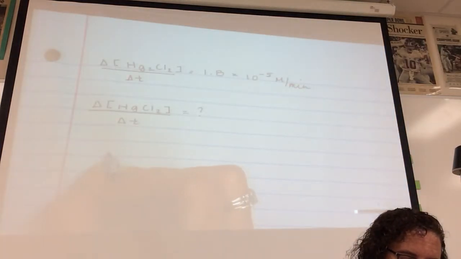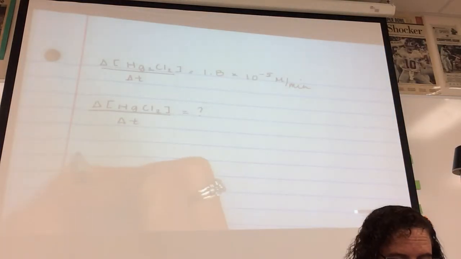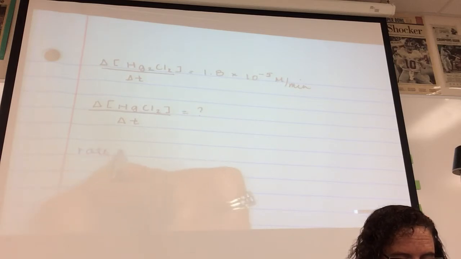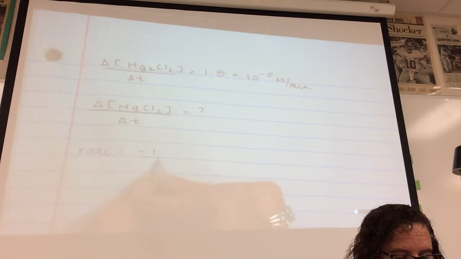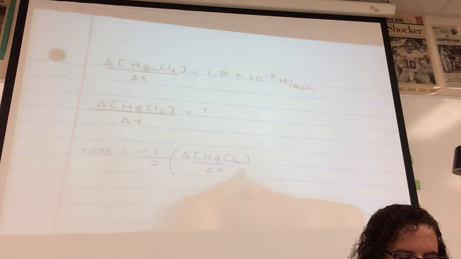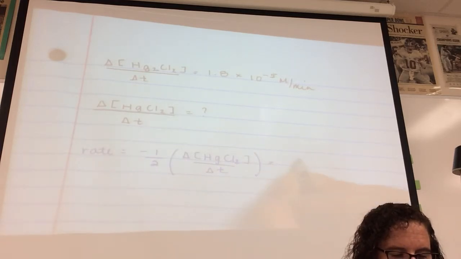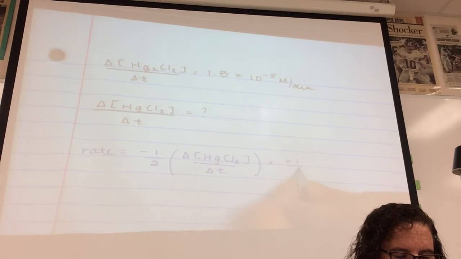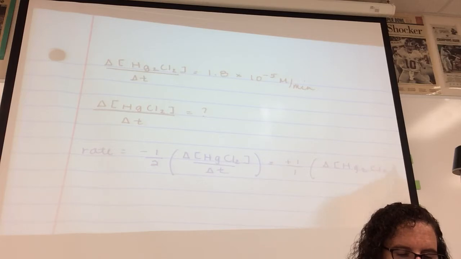So what you've got there, reactants are -1 or +1? -1 over the coefficient, change in concentration over the change in time, and that's equal to +1 over 1, change in concentration over the change in time.